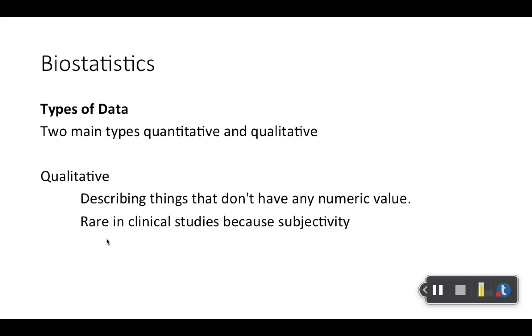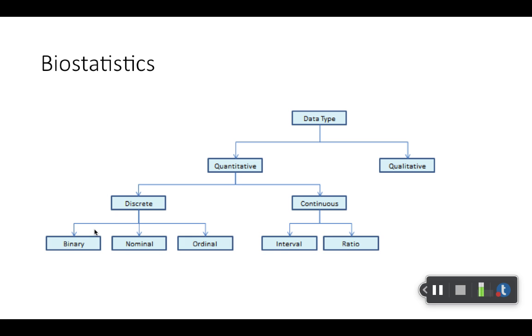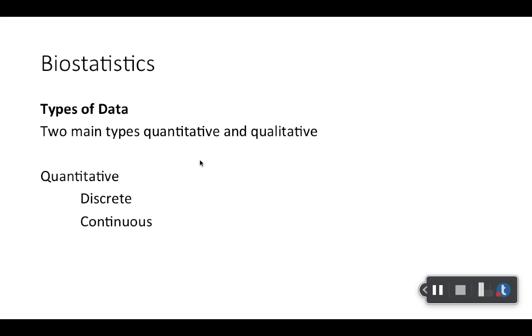If it doesn't have a numerical value, you may see it with maybe patient satisfaction or something, but it's very subjective. So very unlikely that you'll see that. The main thing that you're going to have to be worried about with data in the healthcare professions is quantitative. So numbers, they are more objective, and so they hopefully kind of help point you in the right direction as far as what you're studying, what you're looking at.